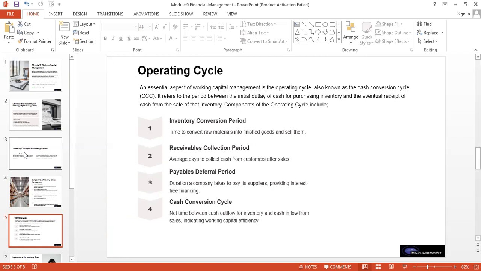The payables deferral period is the duration a company takes to pay its suppliers, providing interest-free finance. And lastly, the cash conversion cycle is the net time between cash outflow for inventory and cash inflow from sales. This indicates working capital efficiency.